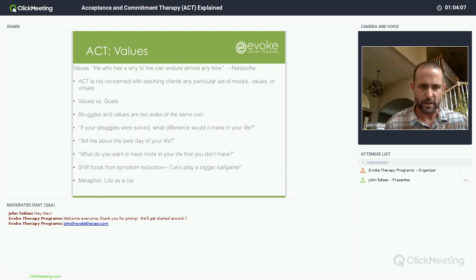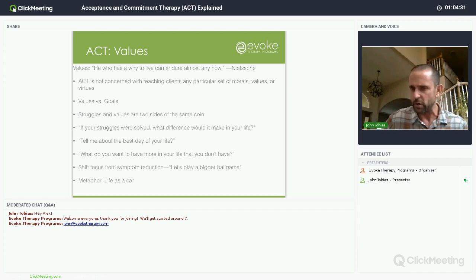The last bullet point on this page, life as a car. I don't remember where I got this one from either, but I'll talk to clients about, let's imagine your life is a car. The implicit assumption that you have right now, it seems to me, is that feelings drive your car.